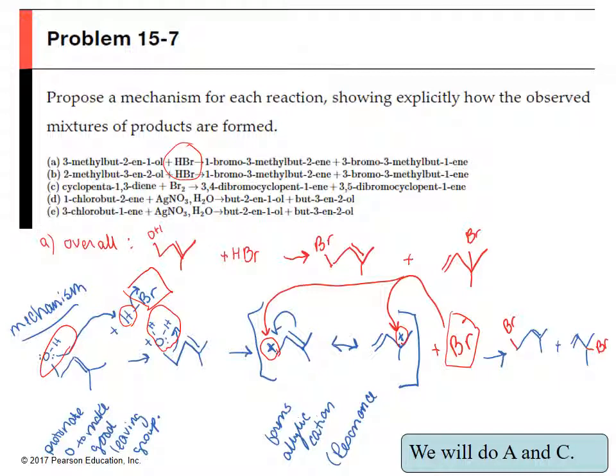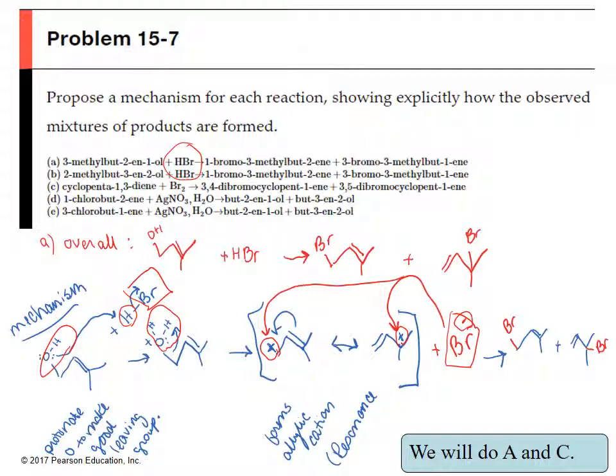In this case, I've got something with a negative charge adding to the carbocation. I end up with a neutral charge. You've got a positive and a negative coming together. That's going to give us a neutral charge. So that explains how we got two products. It added at the location of both of the carbocations.